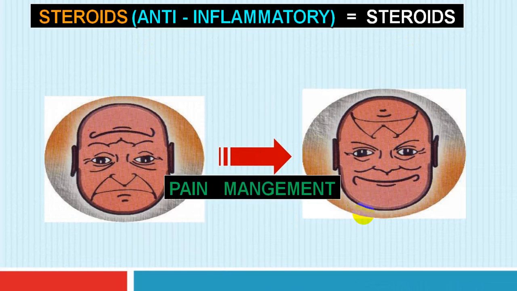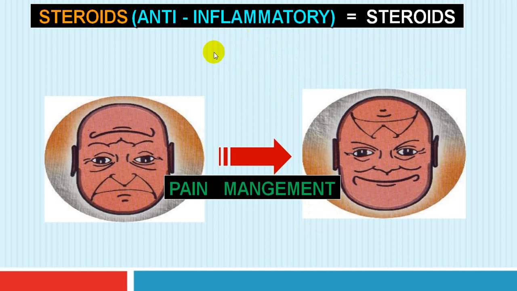So there are some drugs, like steroid. Steroid is a powerful anti-inflammatory, but at the cost of reducing inflammation, it also reduces your immune response, and by that it will exaggerate infection. So it cannot be used in an infective inflammatory process.